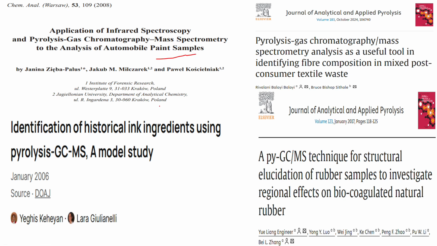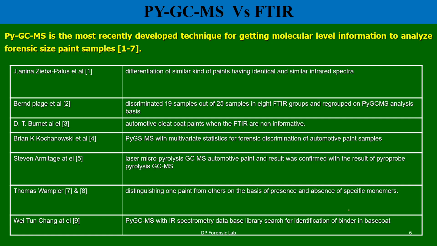This can be used in ink analysis. This can be used for textile fiber. This is a fiber, this is a rubber, etc. So any type of organic material or exhibit can be analyzed using this technique.